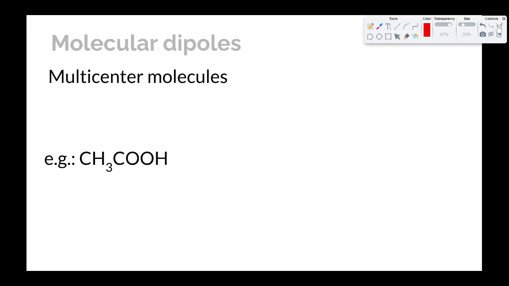Here's another example. This is acetic acid. This is the acid that's in vinegar. When you draw this out, this is what this structure is going to end up looking like. And once again, we have one end that's nonpolar because there's no bonds that are polar in there. But a carbon-oxygen bond, that's polar.